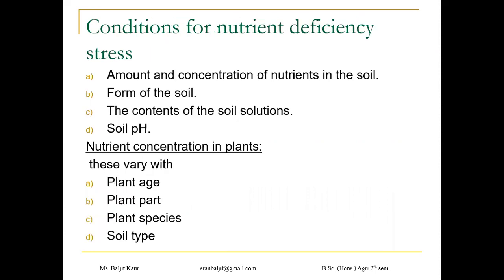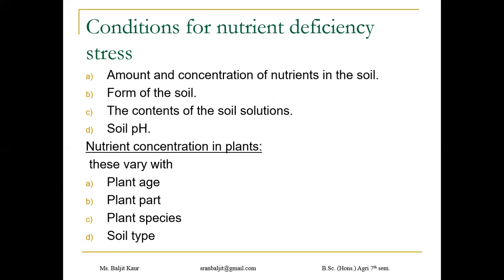And there are some conditions for nutrient deficiency stress, like they depend upon the amount and concentration of the nutrients in the soil which we are using for planting different vegetables. So what is the amount of the nutrients in that soil, and then the form of the nutrients, right?